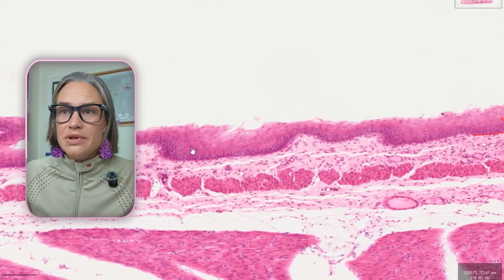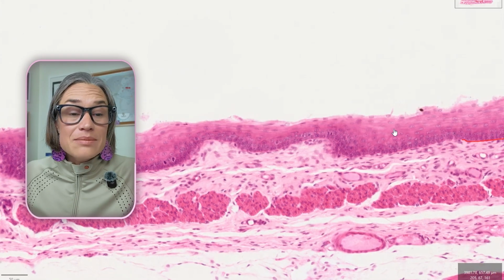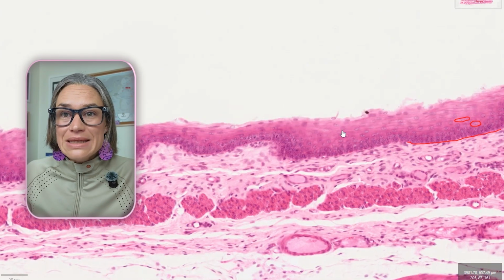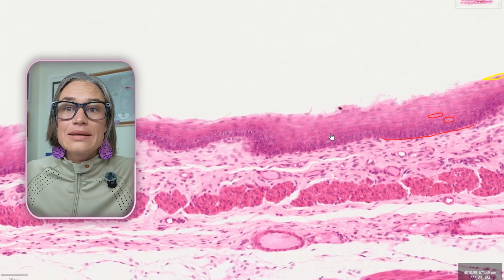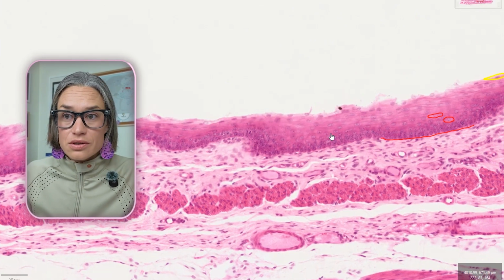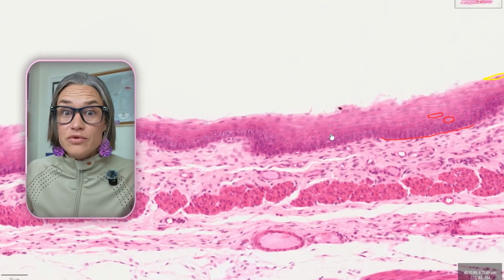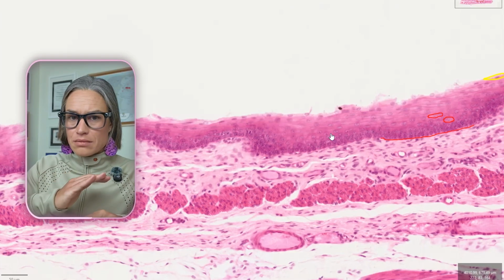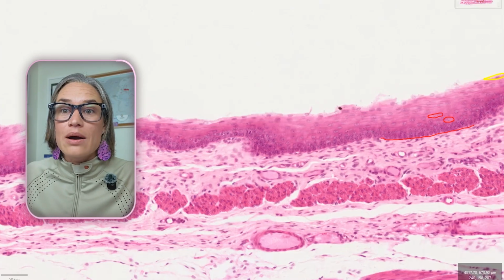We do need protection. Food passes through and there is some friction, so it needs to be strong, but it doesn't dry out. It is a moist internal surface, so it doesn't have to be protected by keratin from drying out and from other frictions that we experience on our skin.